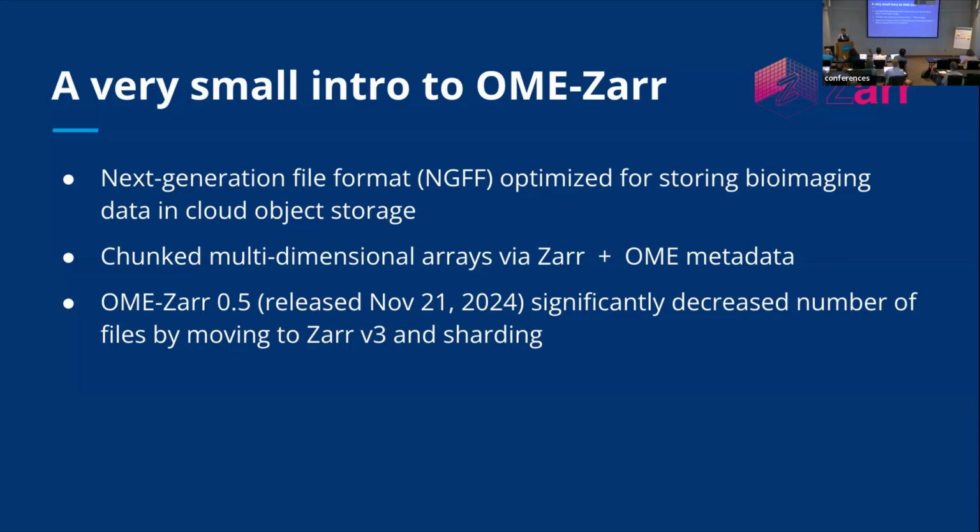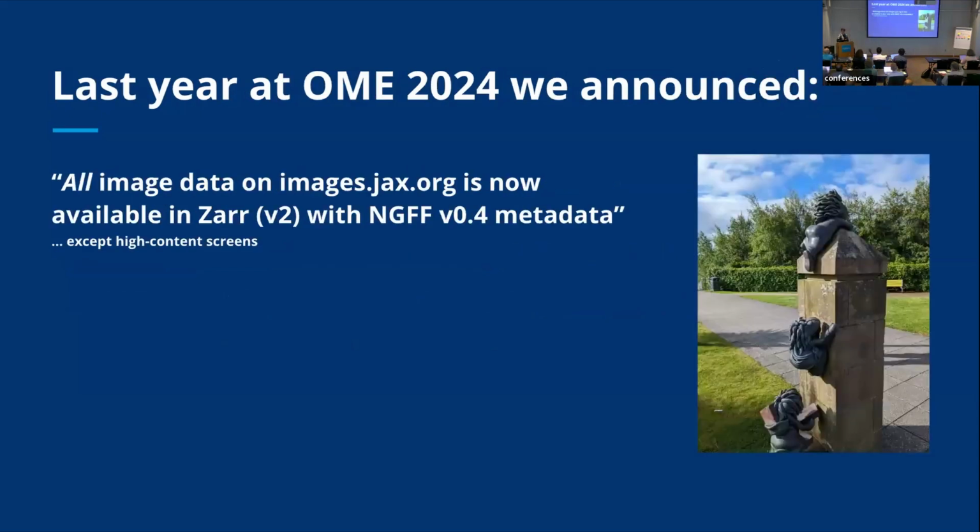And something important to us is that we just moved from OME-Zarr 0.4 to OME-Zarr 0.5 late last year, so a few months ago. And that moved to Zarr v3, which implements sharding. The important thing here is that it significantly decreased the number of files needed to represent a Zarr. That's really the main point of this slide.